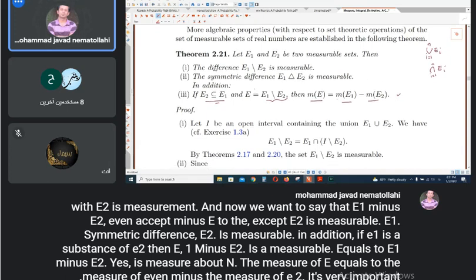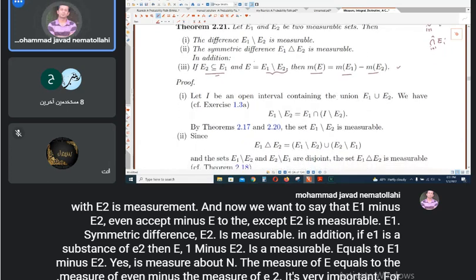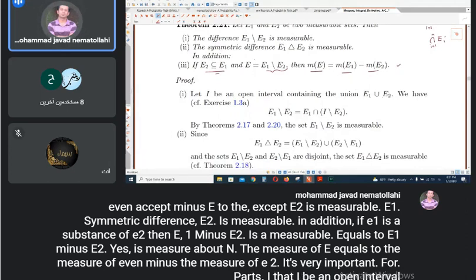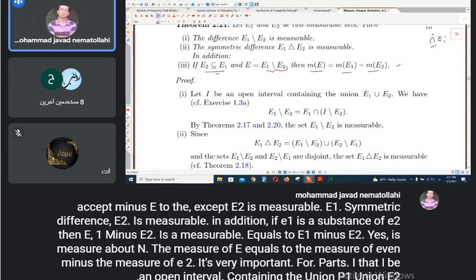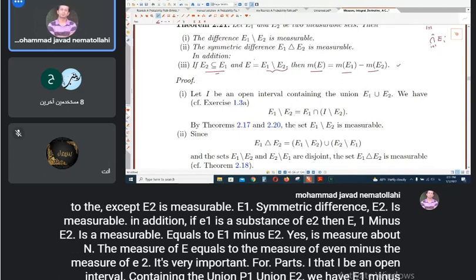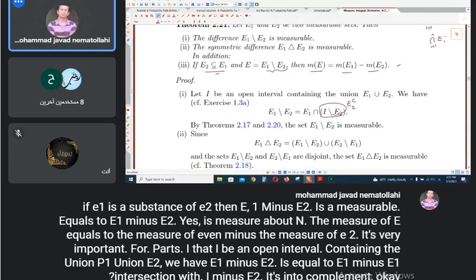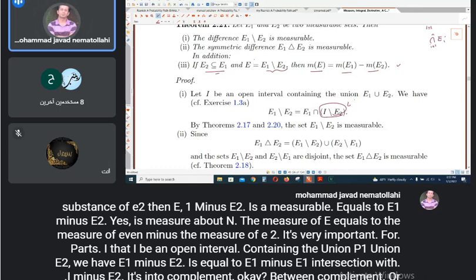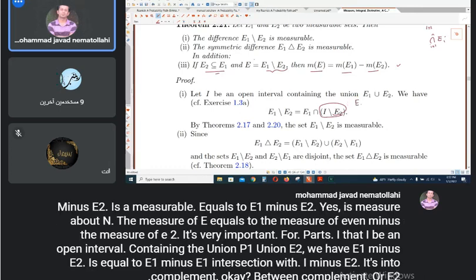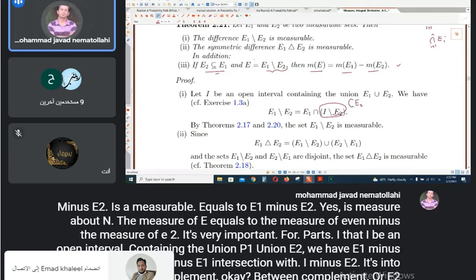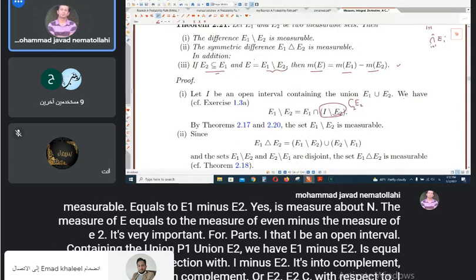For part 1, let I be an open interval containing the union E1 union E2. We have E1 minus E2 is equal to E1 intersection with I minus E2, that is, E2 complement with respect to I, okay?